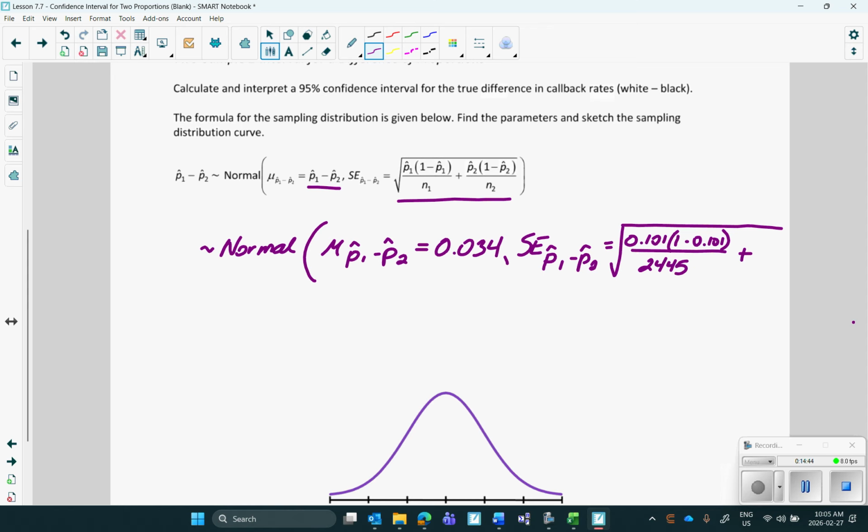Plus, in the second one, the proportion was 0.067, so we times it by 1 minus 0.067 and divide by the sample size of that group. Remember, that's still under the square root.